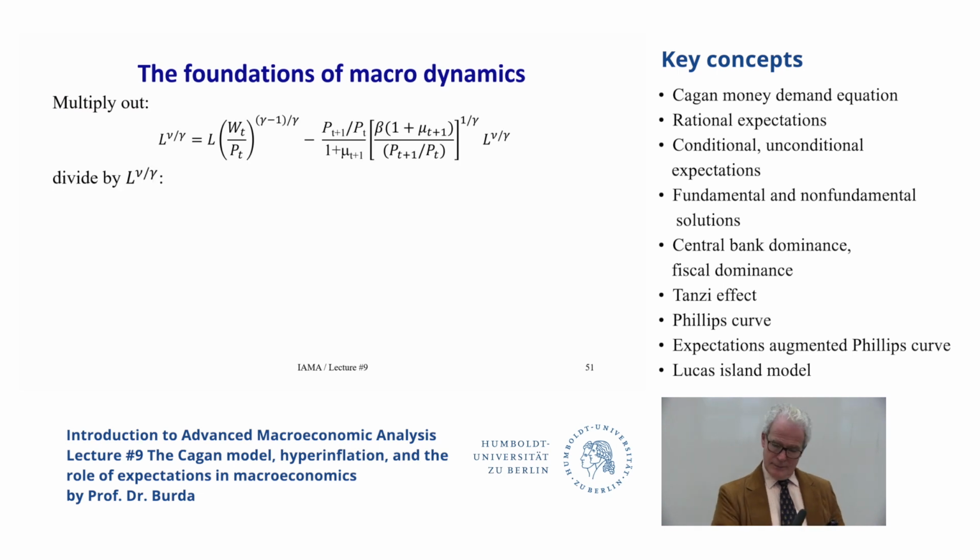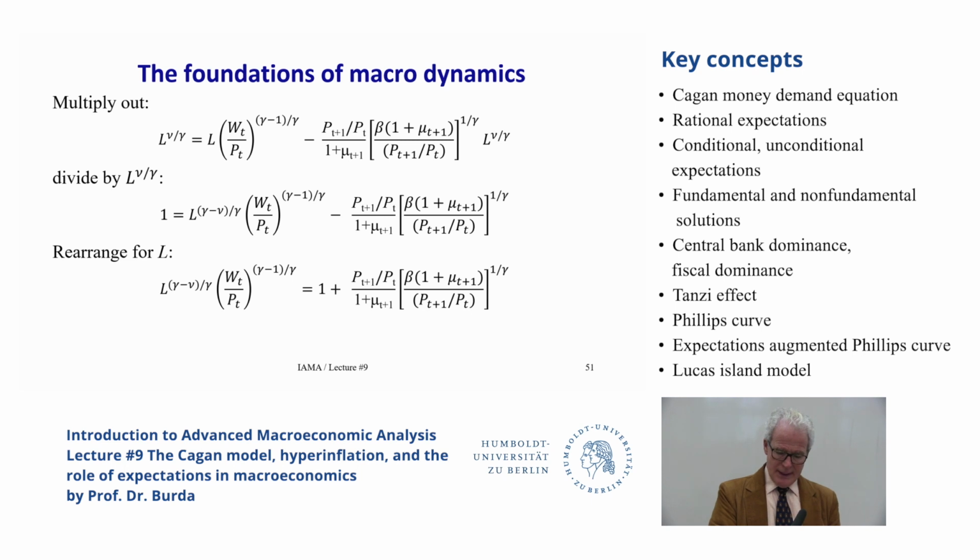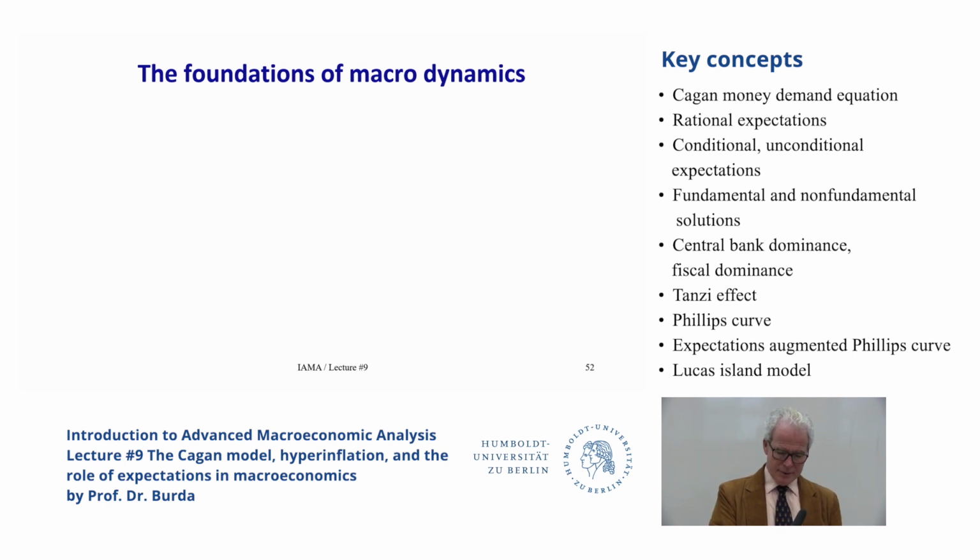So a little bit of algebra, which I'm going to show you on the slides. You can solve for L as a function of all these things, with a bit of simplification. You already see that we've got L now as a function of the real wage, money growth, and price growth.